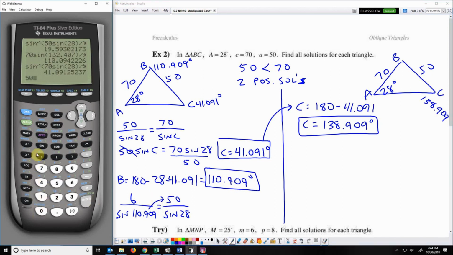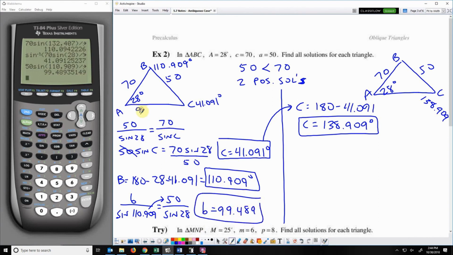So I'm doing 50 times sine 110.909 divided by sine 28. So I get 99.489. So that's my missing side here. So now I have all three sides and all three angles here.